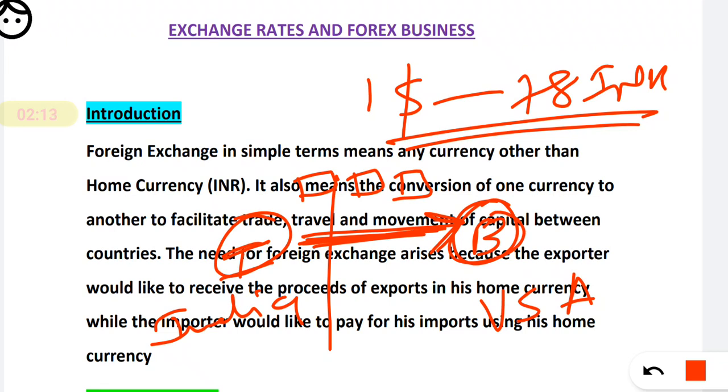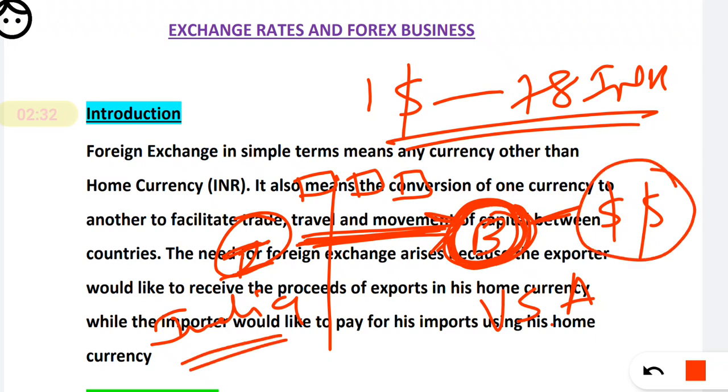In return, he is a resident of the USA, so he will not hold rupees. He has dollars in his account, so person B will prefer to send the dollar. And vice versa.